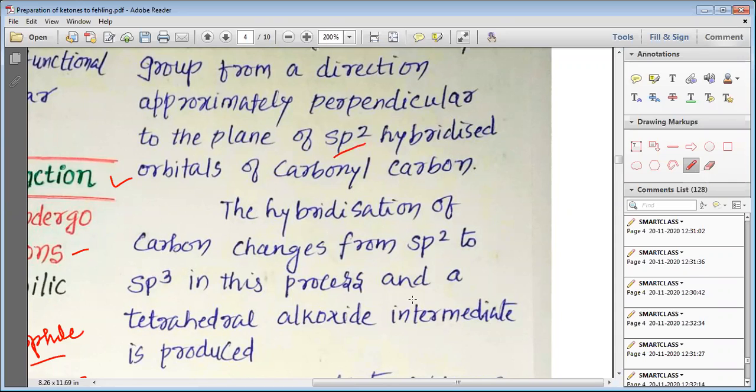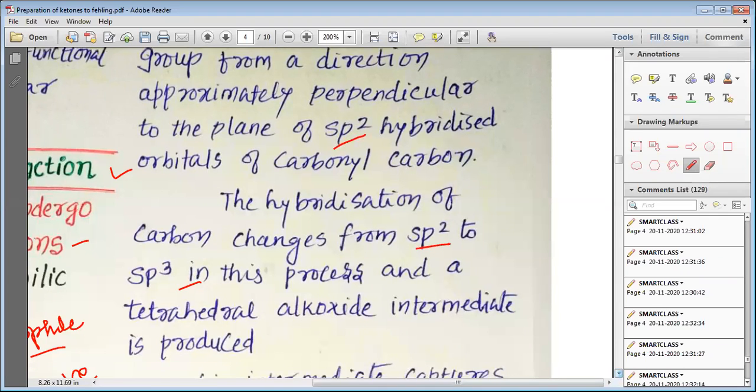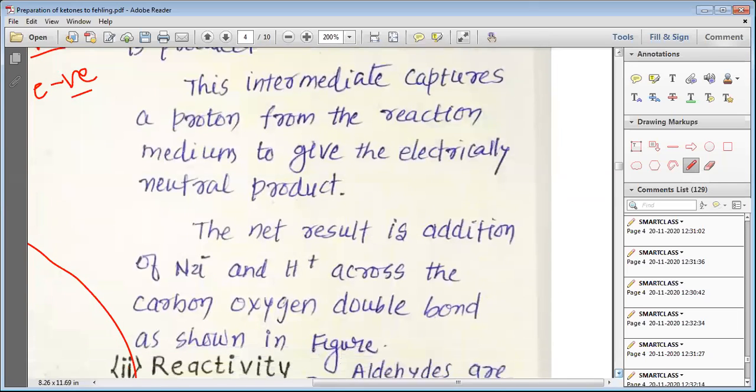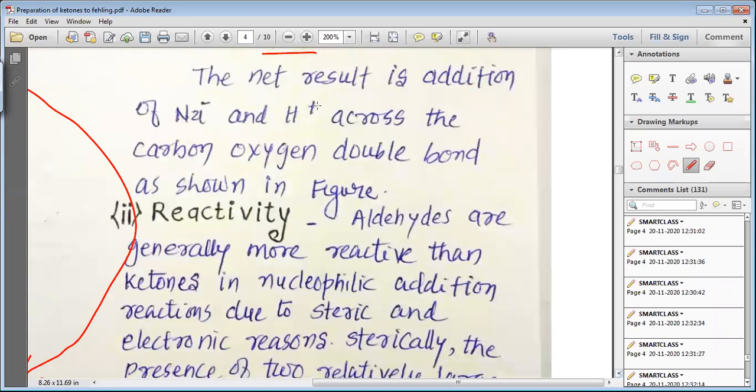The hybridization of carbon changes from sp2 to sp3, and thus the planar structure turns into the intermediate tetrahedral alkoxide. This intermediate captures a proton from the reaction medium to give the electrically neutral product, which is an alcohol, the final product containing the OH group. The net result is the addition of Nu and H plus across the carbon-oxygen double bond shown in the figure.